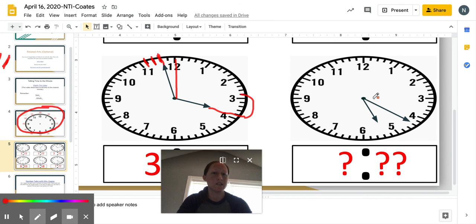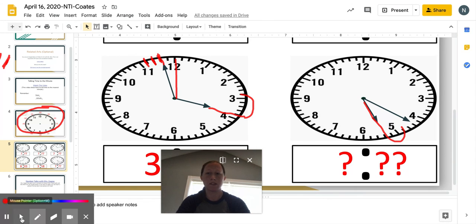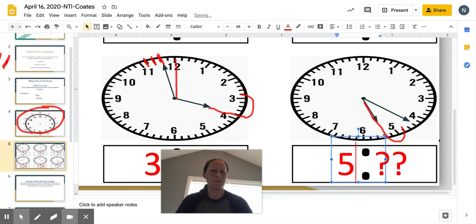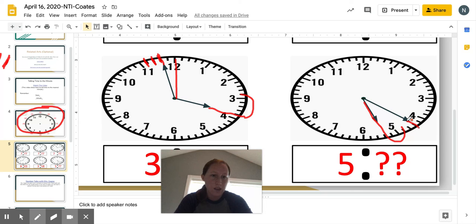So for this last one, my hour hand is the short hand. You always look at that one first. It's in between the 5 and the 6, but we know to wrap back. So it is 5 something. Now I'm going to look at my minute hand. It's pointing to this tick mark right here. So I'm going to use my benchmarks. Remember, counting up by 5s.